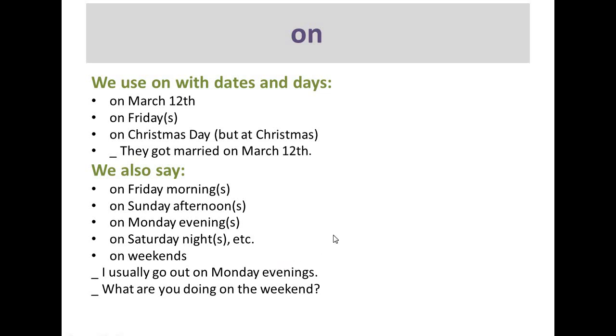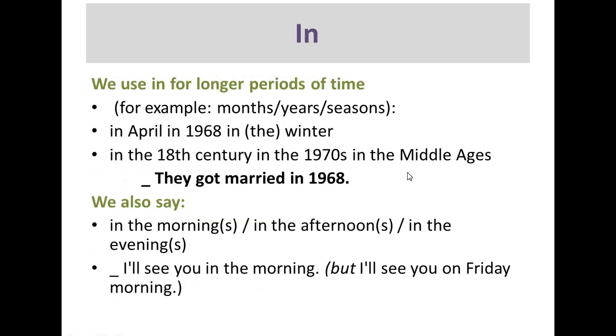And the last preposition is in. So let's see when we can use this preposition. We use in to talk about longer periods of time. For example, months, in April, years, in 1968, seasons, in the winter.